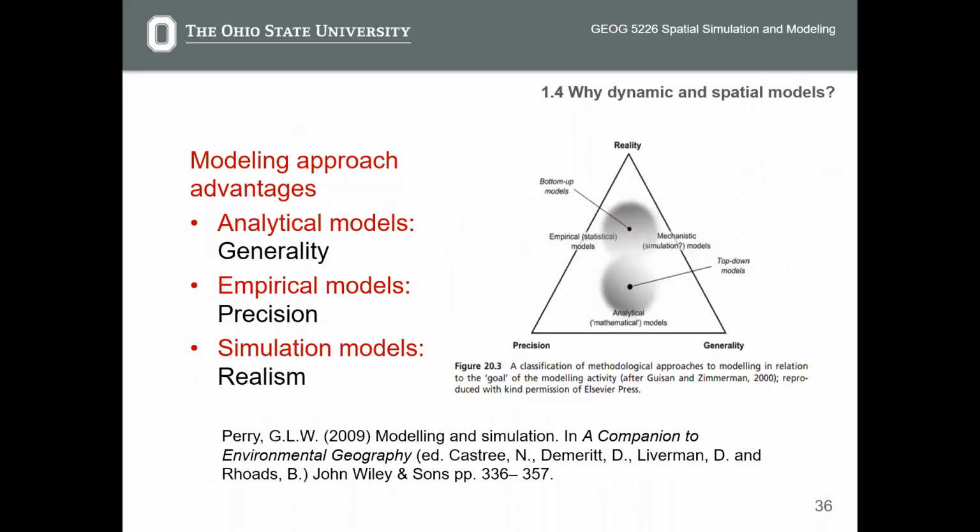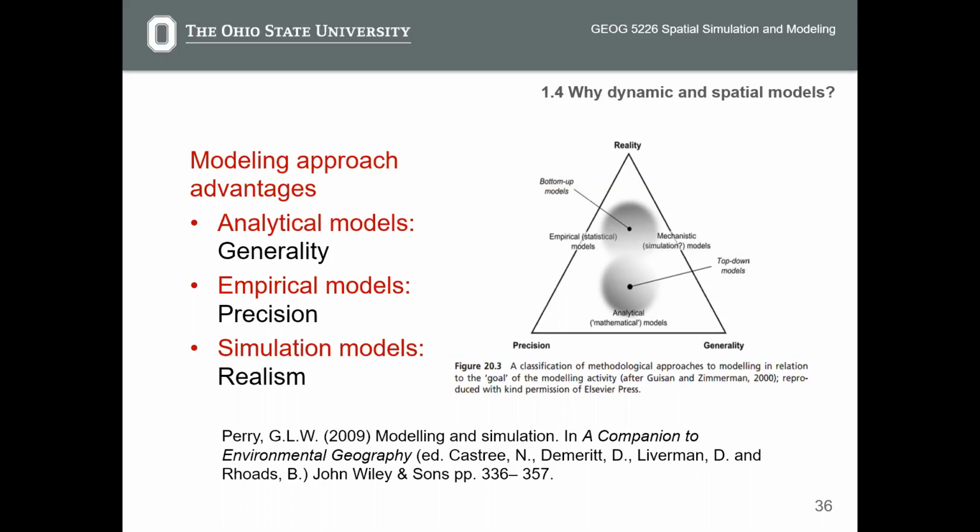Analytical models are usually pursuing generality, which means that when they are established, they should be able to be applied to different scenarios and can be widely used. Empirical models are pursuing precision.